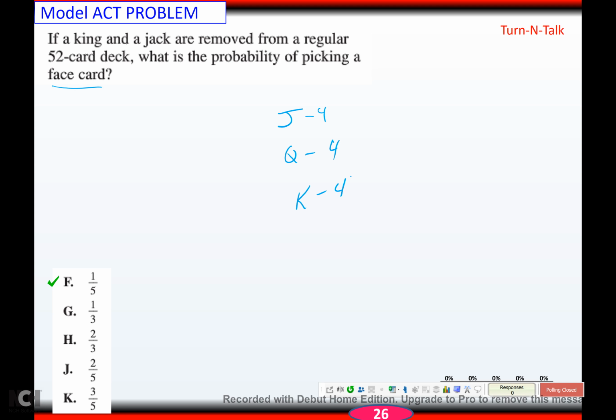But you took a king out, which means there's only 3 kings, and you took a jack out, which means there's only 3 jacks. Okay, so what is the probability of picking a face card? Well, that leaves 3 and 3 is 6 and 4, 10 ways to win. But now you took 2 cards out, so there's not 52 cards in the deck, there's only 50 cards in the deck, which reduces down to 1/5.